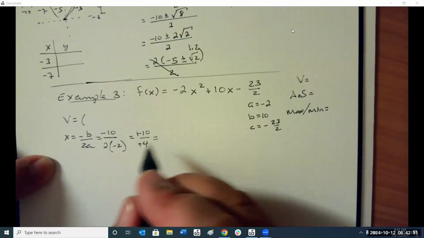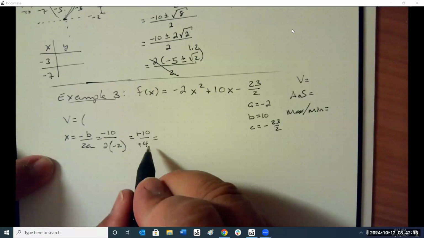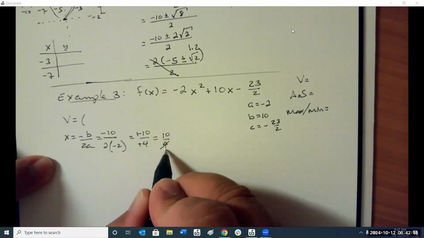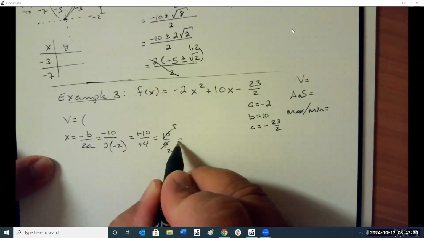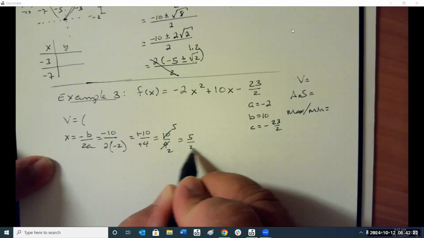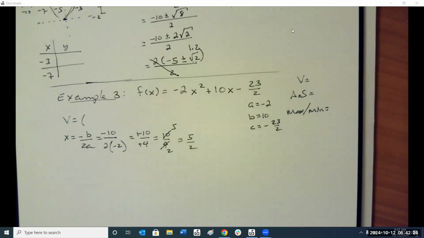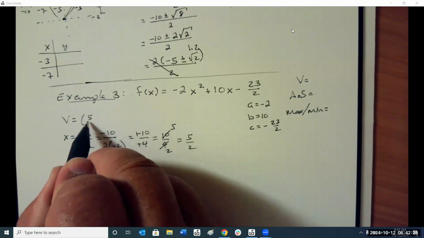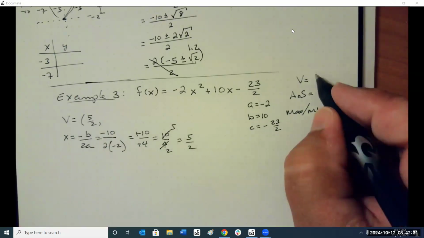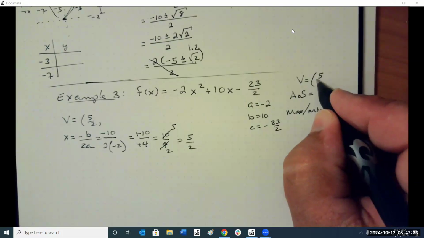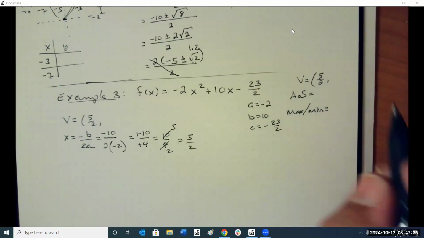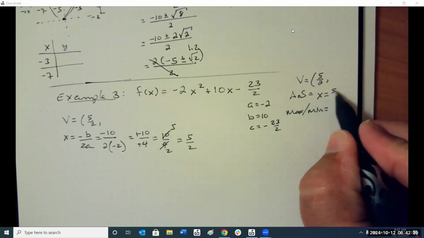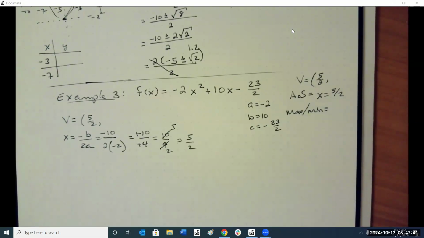The negatives cancel. We have 10 over 4. They both have a 2 in common, so we cancel out the 2's. So our x value is 5 over 2. It's at 5 over 2.